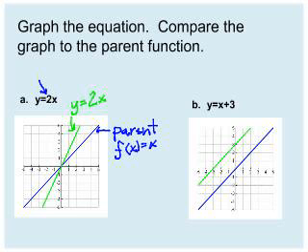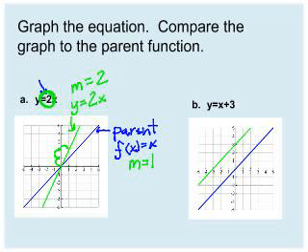So what has changed? If you look at these two functions, in the parent function our slope was 1. Well, what is the slope in this new function, y equals 2x? We can count it. My rise would be 2, my run is 1. So my slope is 2. Notice there's a 2 right here in the function.